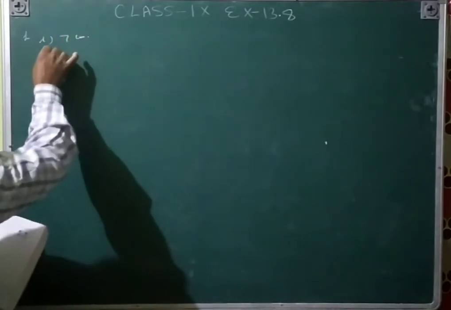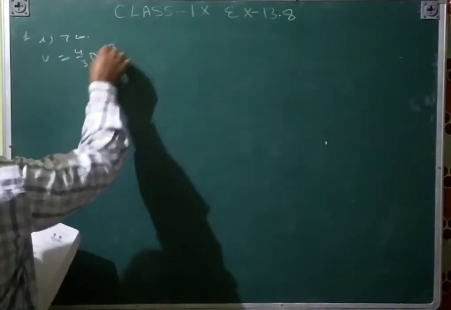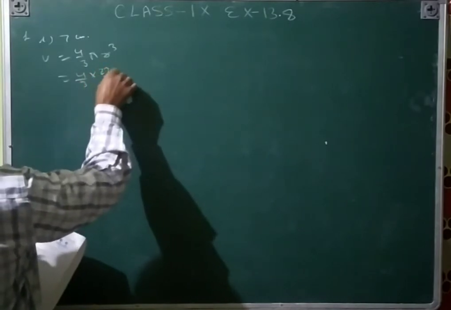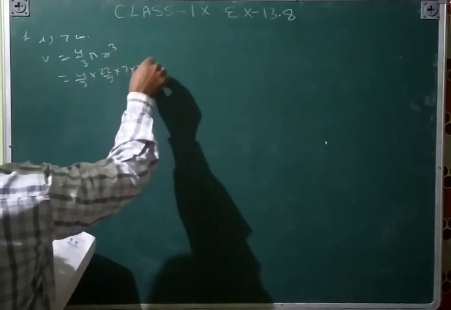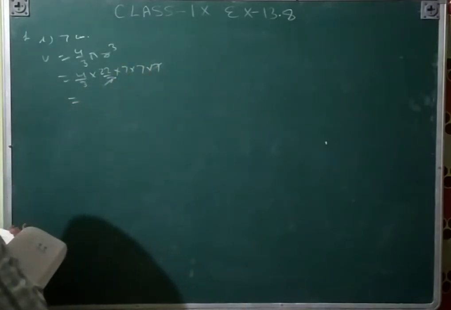So the volume of a sphere is 4 upon 3 pi r cube. So that is 4 upon 3 into 22 upon 7 into 7 into 7 into 7. 1 cancels by 7, that will be 1.